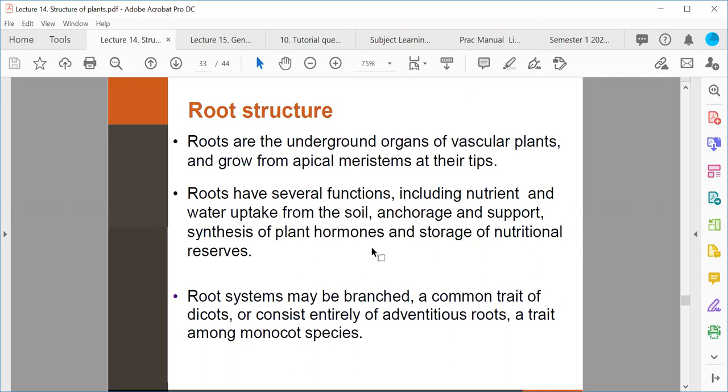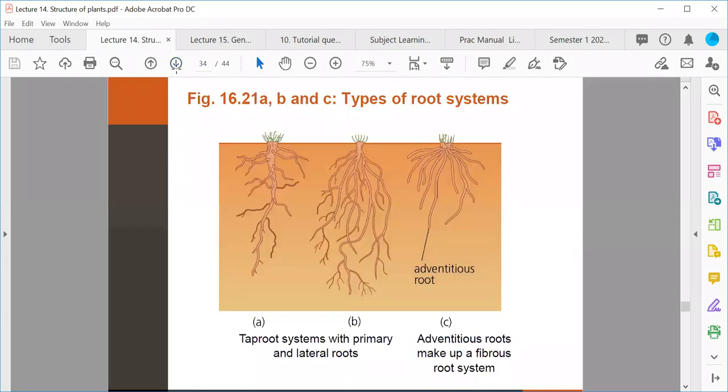There are some very important plant hormones that are synthesized in the roots, and roots also function to store nutritional reserves. Root systems may be branched, which is a common trait of dicotyledonous plants, or they may consist entirely of what are called adventitious roots, which is a trait more commonly found in the monocot species. So, for example, the grasses. And let's have a look at that on the next slide.